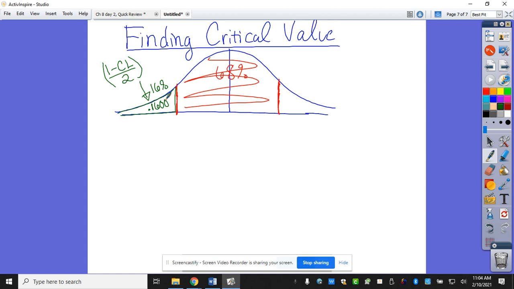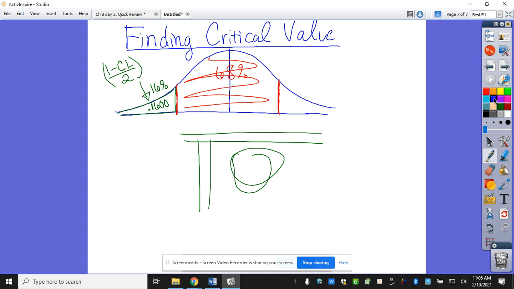How do I find the z-score that goes with 0.1600? Go ahead and get your green sheets out if you haven't yet. Where do I look for 0.1600? In the middle or the outside? Middle. This is the area, so I want to look for it. Your z-table looks something like that. I want to look for it in this part.